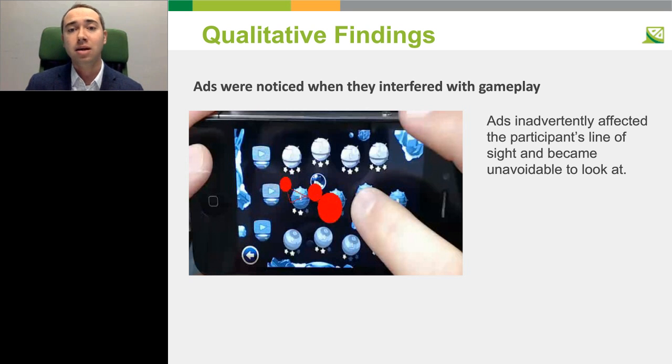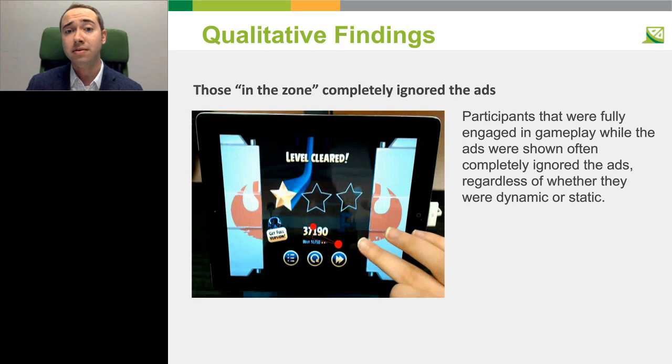Another example was studying different kinds of player behaviors. Those who were in the zone, really focused on the gameplay, you could tell they were very serious and very particular with how they were interacting. They tended to be the more advanced players. They completely ignored the ads. We saw where their attention was focused, and it was very far away from anything ad related.